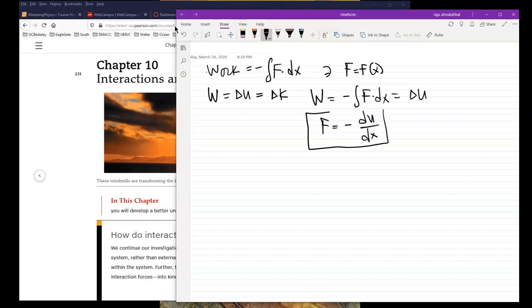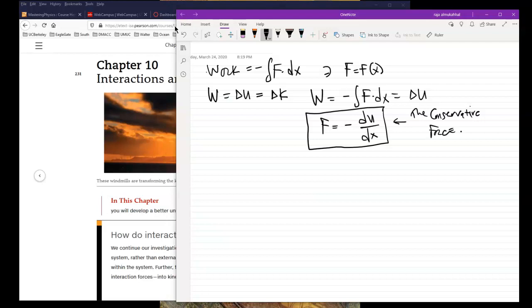This is a very important equation in classical mechanics, and this is the definition of what is called the conservative force. In other words, if you are given a potential function and you are asked to find the force, just take the negative derivative with respect to x, and that will give you the value of the force. You see what I'm saying?